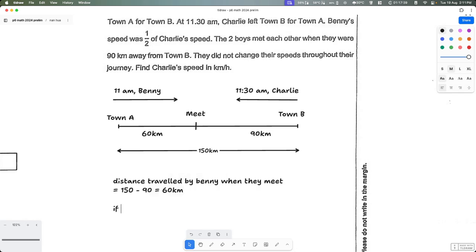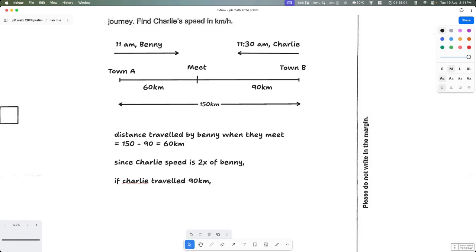So since Charlie's speed is 2x of Benny, if Charlie traveled 90 kilometers, that means Benny traveled 90 divided by 2, and this will give you 45 kilometers, right?